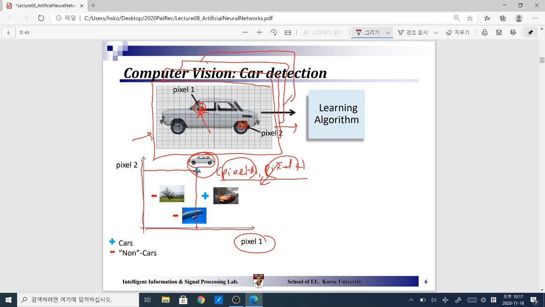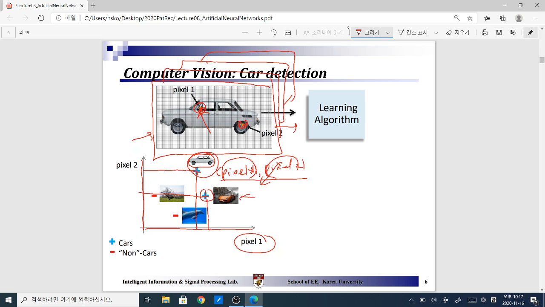Then you can plot a sample of positive being located at that specific position. And similarly, if we have another car that has a very specific pixel value here for pixel 1 and another pixel value for pixel 2 right there, then we can plot that positive sample being there.